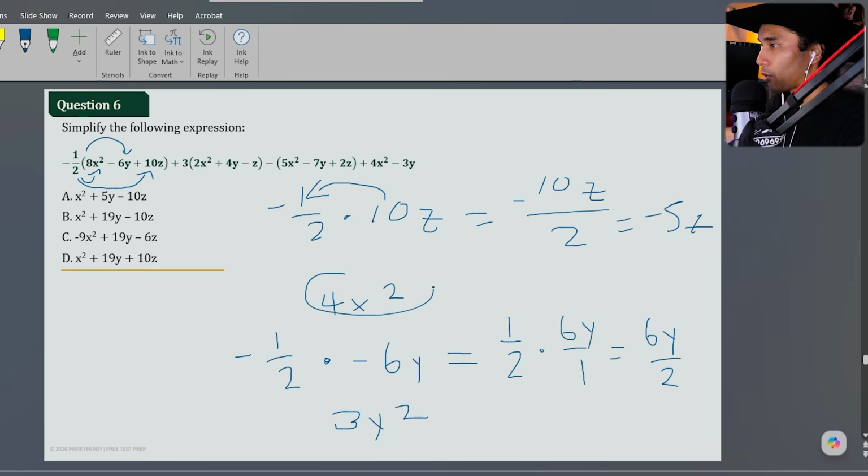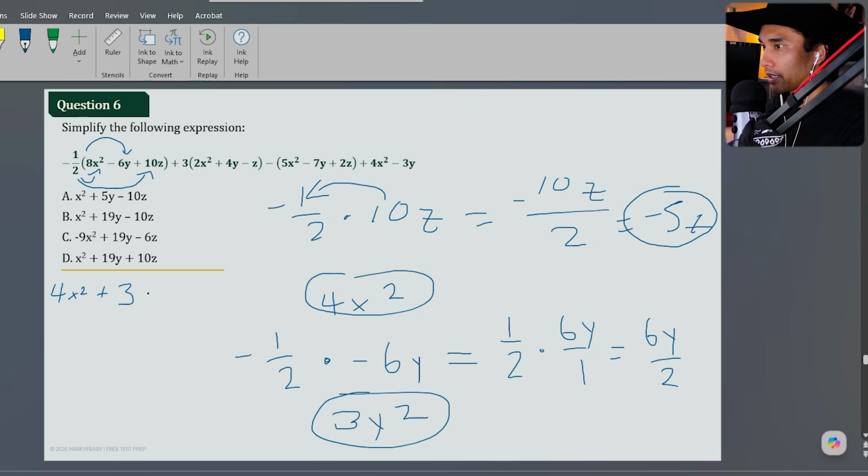Okay, so I have 4x squared plus 3y minus 5z, and I'm just going to write that here on the side because we have multiple parentheses to deal with. Plus 3y squared minus 5z.